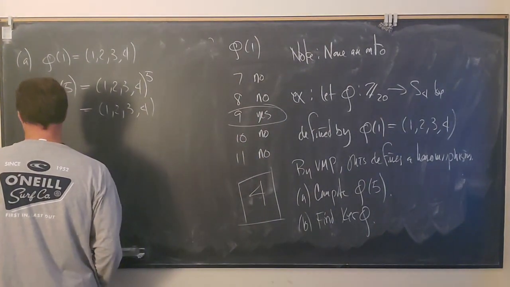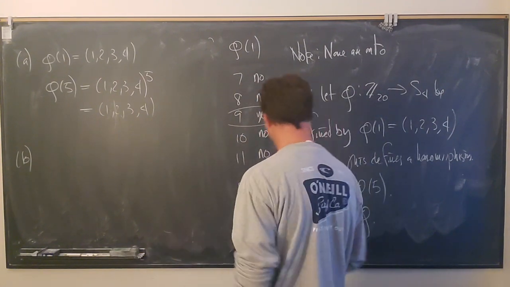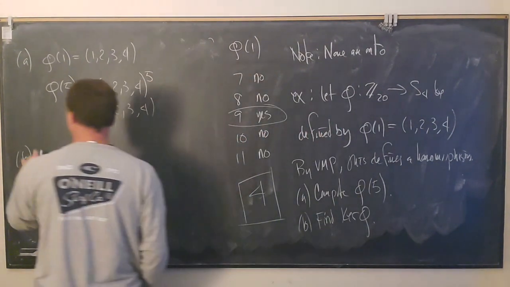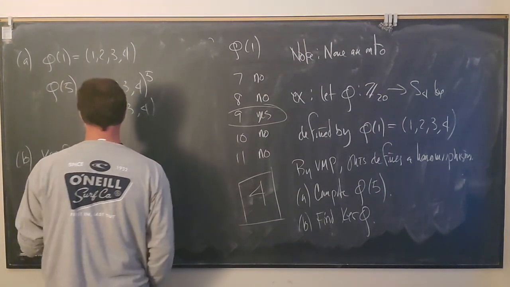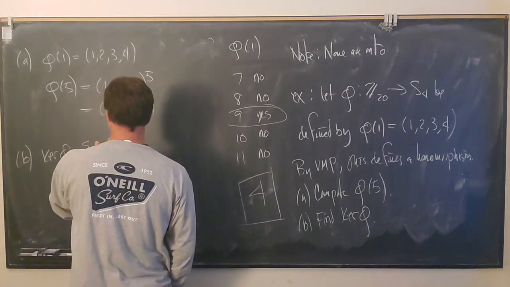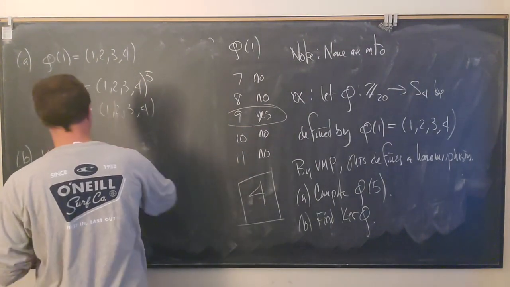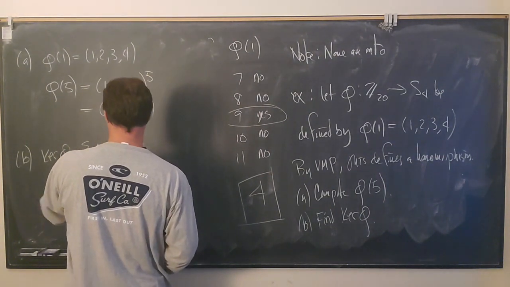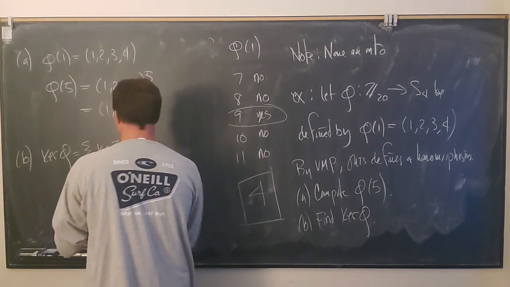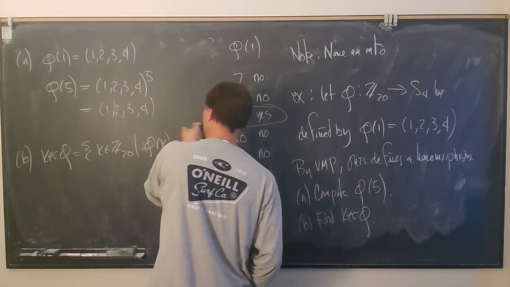And then for part B, find the kernel of phi. Okay, so the kernel of phi is going to be the set of all k in Z20 such that phi of k is equal to the identity permutation.